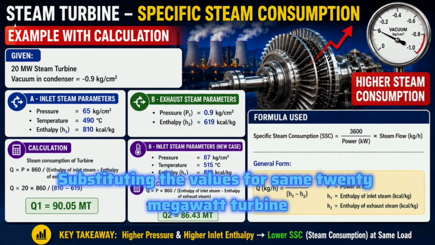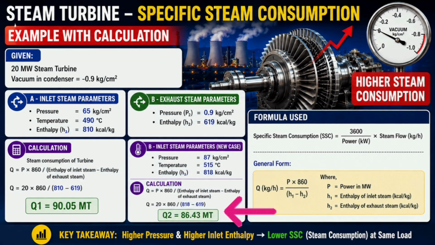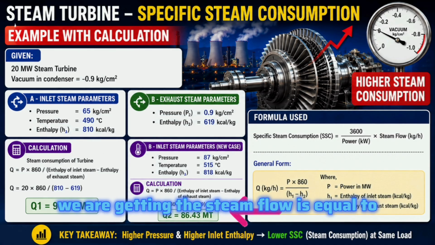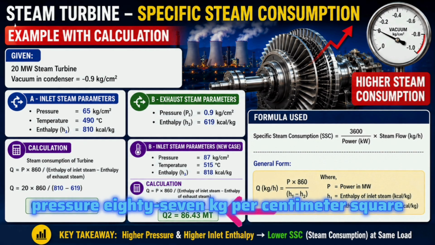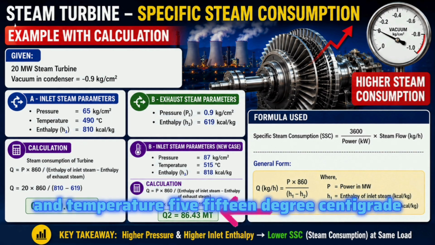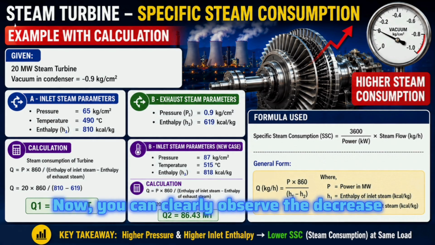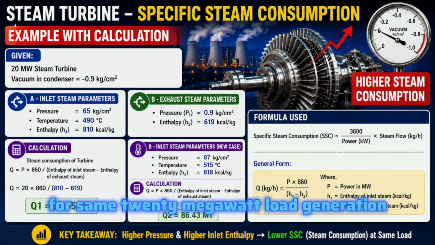Substituting the values for the same 20 megawatt turbine and at exhaust vacuum 0.9 kg per centimeter square, we get the steam flow equal to 86.43 metric tons at pressure 87 kg per centimeter square and temperature 515 degrees centigrade. Now you can clearly observe the decrease in steam flow. It's nearly 4 metric tons for the same 20 megawatt load generation.